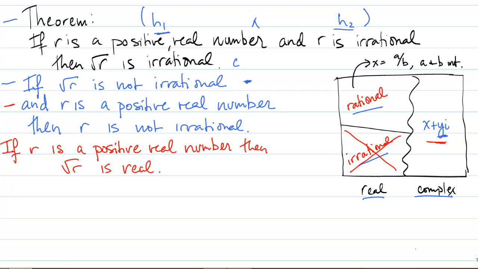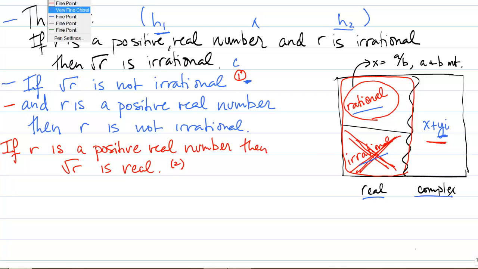So we have two facts here. The first fact is that the square root of r is not irrational. The second fact is that the square root of r is real. So we know the square root of r has to be among the real numbers, but it's not irrational. And given that, we can conclude now that the square root of r is in fact a rational number.